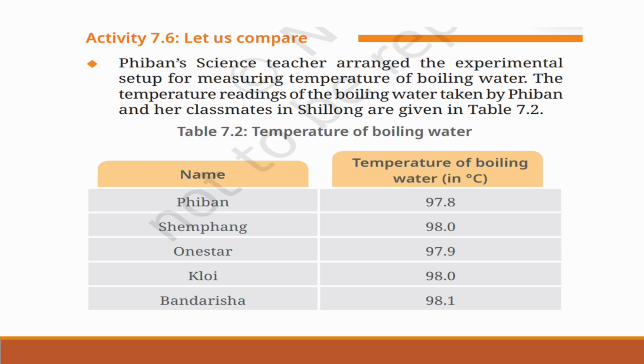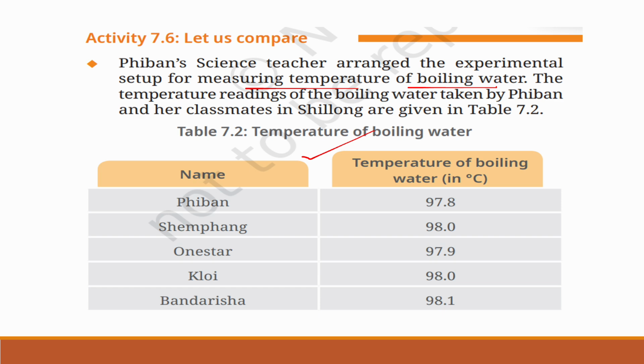Let us compare. Fiban's science teacher arranged the experimental setup for measuring the temperature of boiling water. The temperature readings of the boiling water taken by Fiban and her classmates in Shillong are given in Table 7.2. See this table, temperature of boiling water.